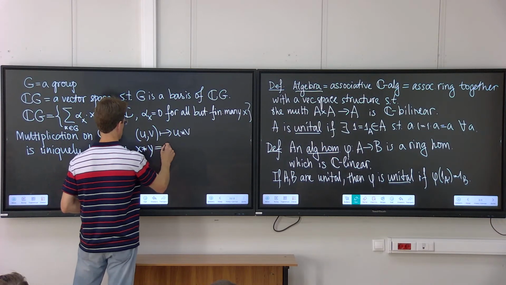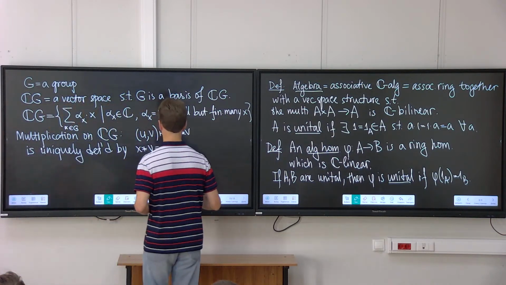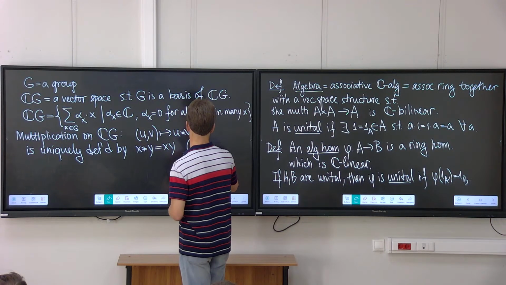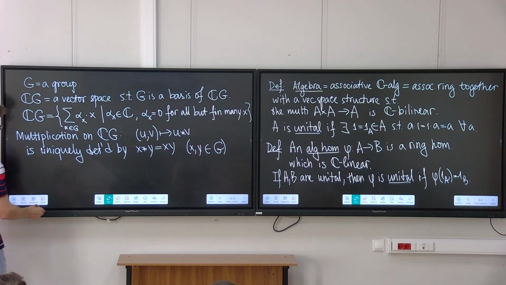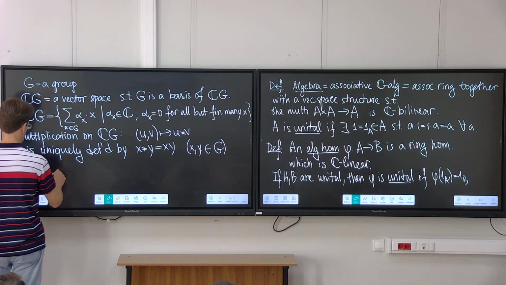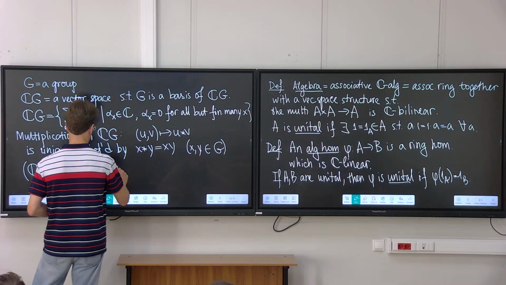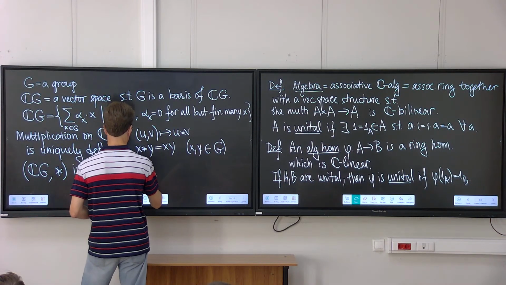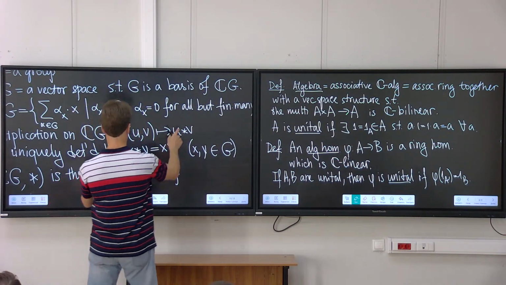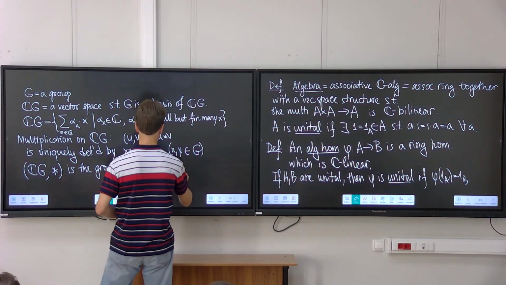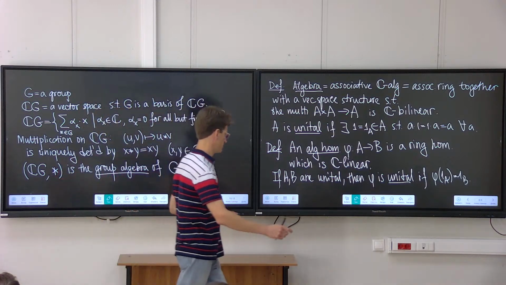If we take elements of G, then their product in this algebra is equal to their product in G. So as a result, we get an algebra, and this is the group algebra of G. So this is a very classical object.